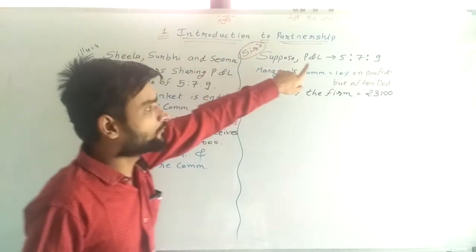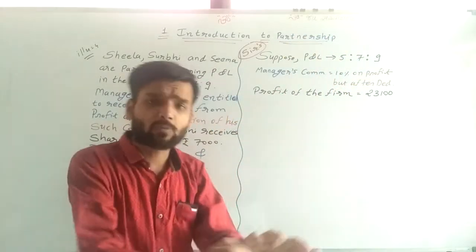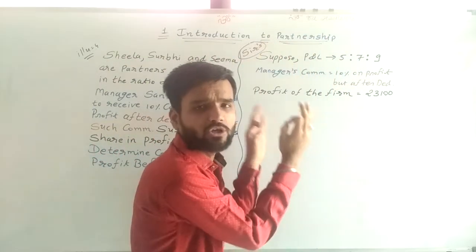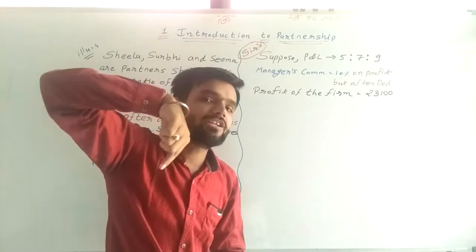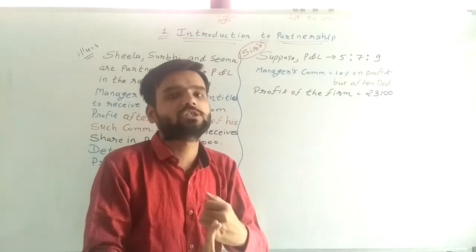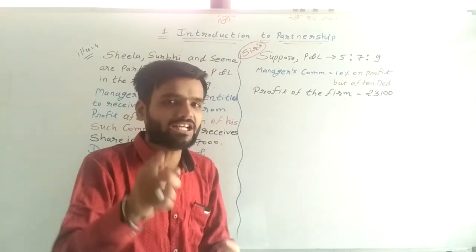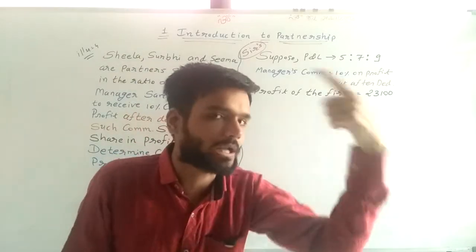Suppose the profit and loss ratio is 5:7:9. Here the profit and loss ratio is already given to you. In the last sum, the capital ratio was given, and that's why we had taken their P&L ratio as equal as per the 1932 Act.